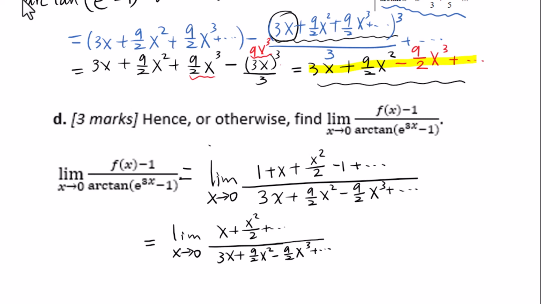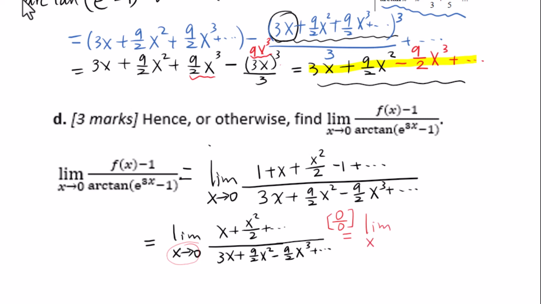When we plug x equals 0 into the top and the bottom of this rational function, we get 0 over 0. So we can apply L'Hopital's rule.